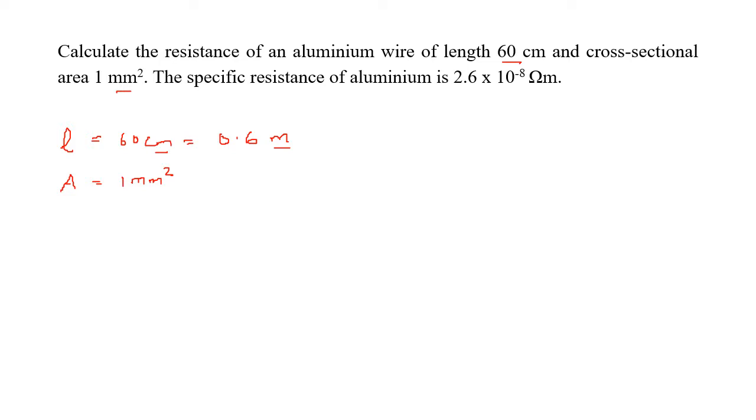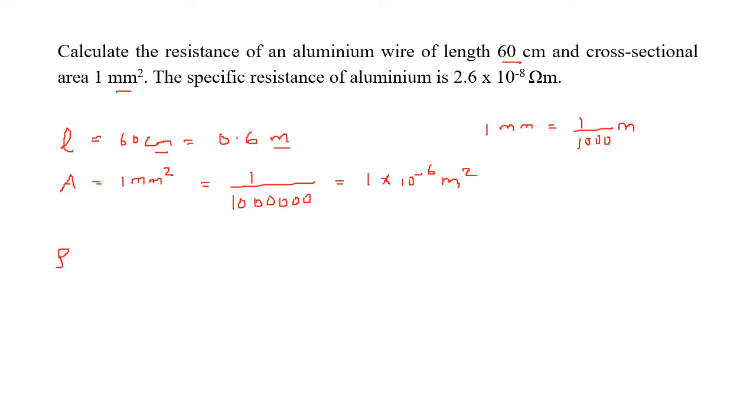So we know 1 millimeter is 1 upon 1000 meter. So 1 millimeter square will be 1 upon 1000 into 1000, that is 1 into 10 raised to minus 6 meter square.